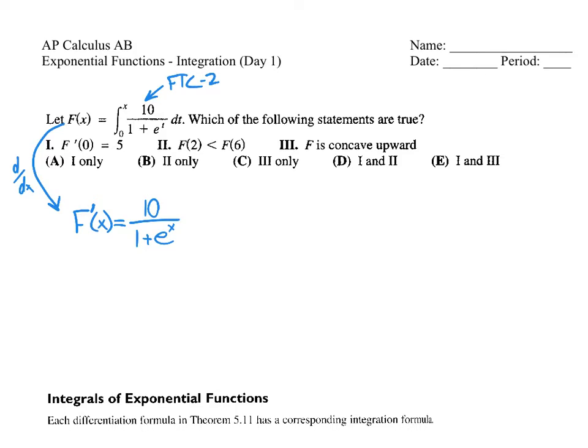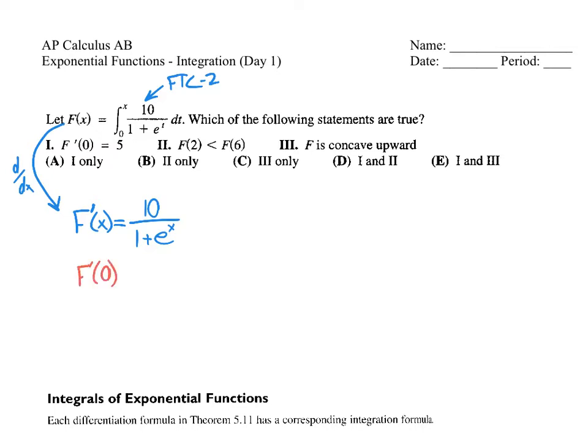I'm assuming at least one is, since none of these is not a choice. And I'm assuming at least one of them is false, because 1, 2, and 3 is not a choice either. Alright, so let's start with the first one. This is a nice easy one. f prime of 0.